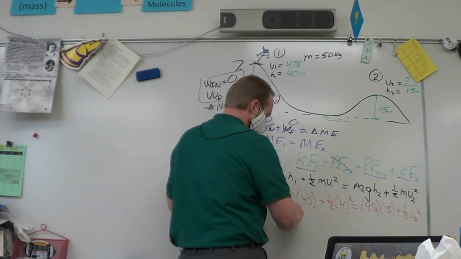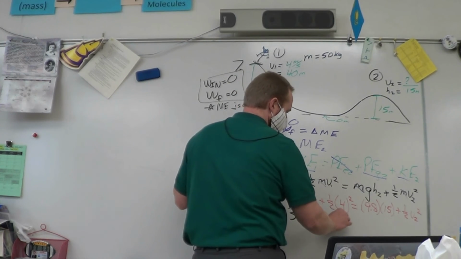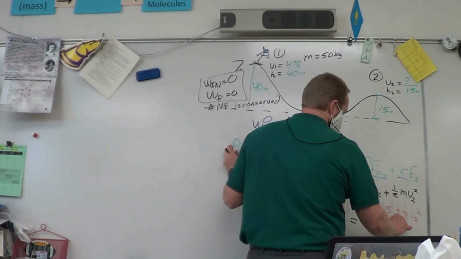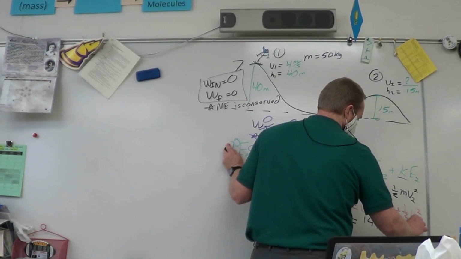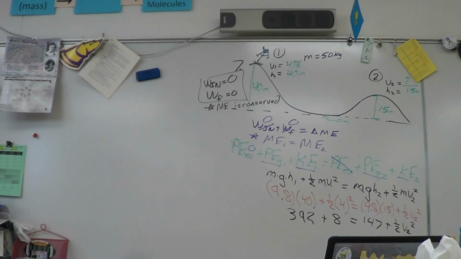If I remember what these numbers were, I think this is 392, I think this is 8, I think this is 147. I think. I'll verify that in a second. And 2, 8, 147. Okay.